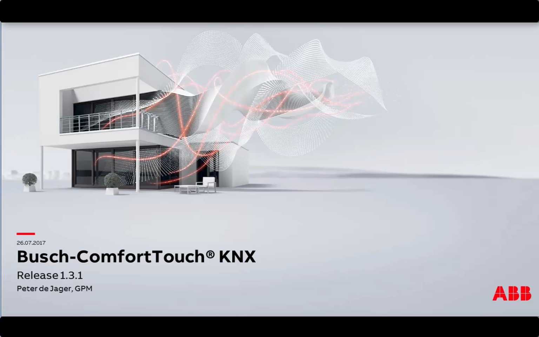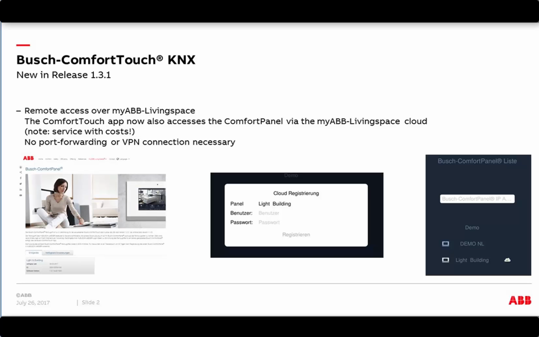1.3.1. The release is available and can be downloaded from our webpage. On the next slide, I want to display you the main topics of the new release. The new release contains now also the integration in the MyABB Living Space account. That allows you the same comfortable way to control your home from remote. Here you have the same advantages like I have mentioned before in the previous slide of the KontrolTouch.